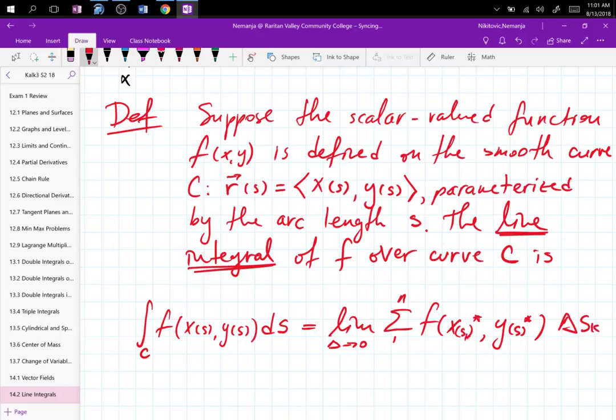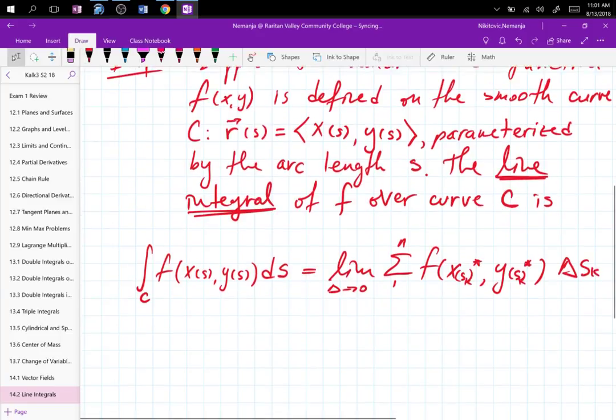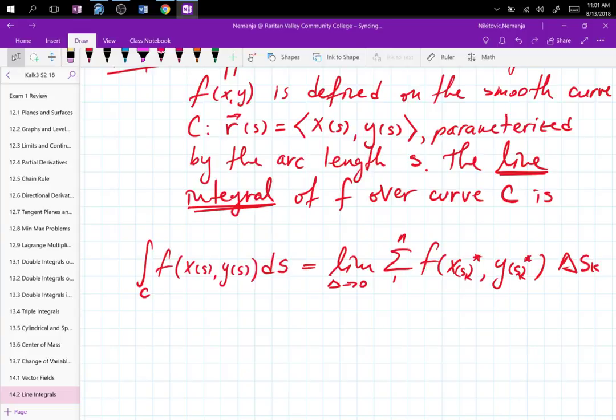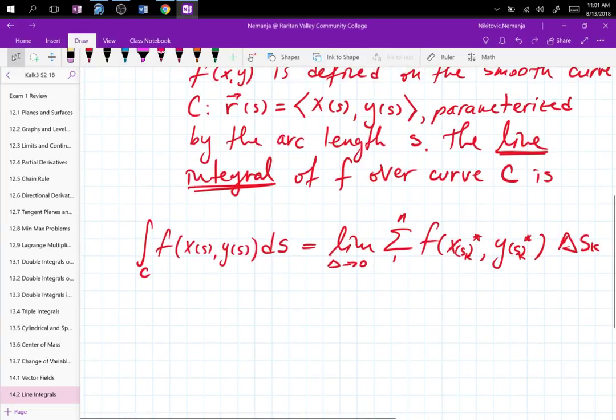Oh, there are k's over here, I forgot. So this is the definition. It's the standard Riemann integral that we are used to.